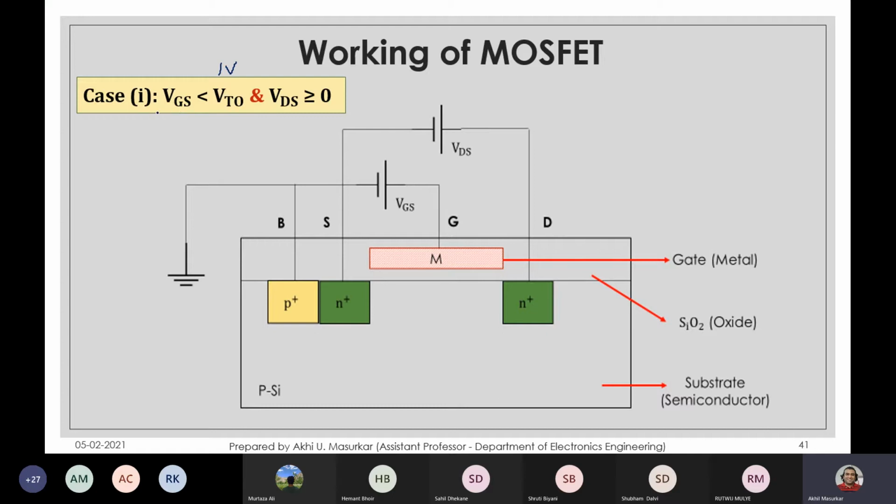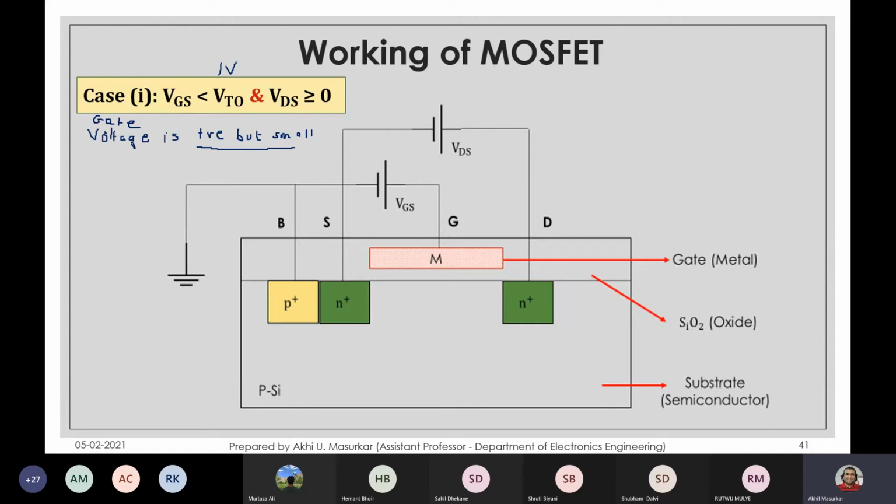And that is the reason why when VGS is less than VTO, we say that gate voltage is positive but small.